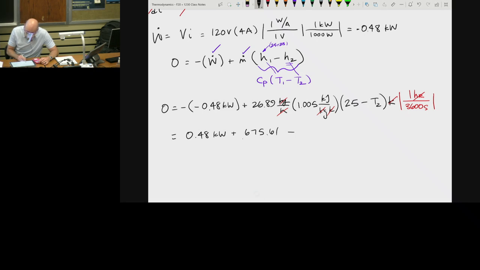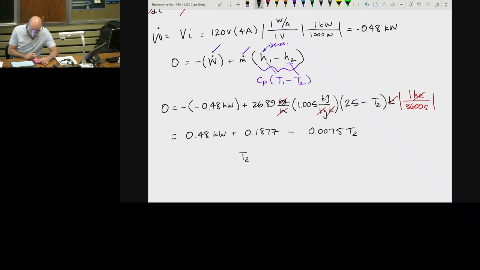Oh, I had to divide by 3,600 here. I'm making a mistake. This one's going to be 0.0075 T2, and I need to make sure I do this right. 26.89 times 1.005 times 25 divided by 3,600 is 0.1877. Okay, and I can solve for T2 here.